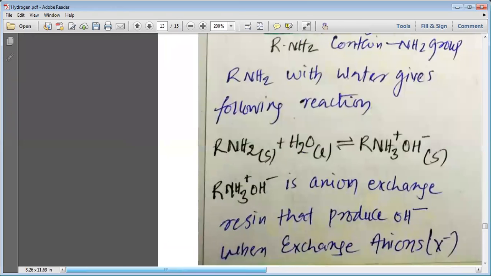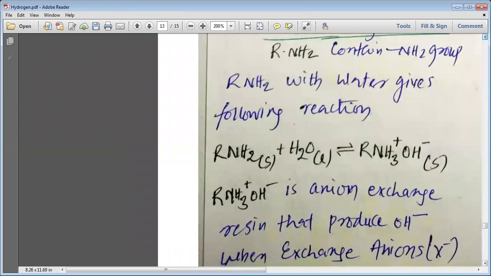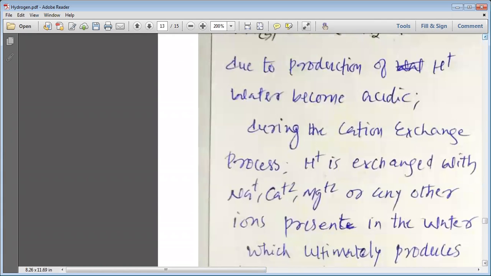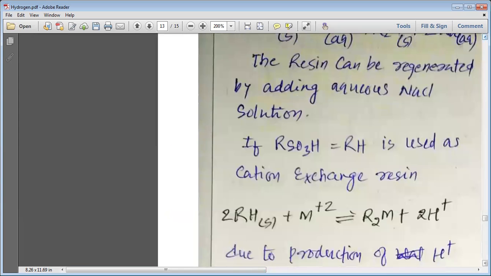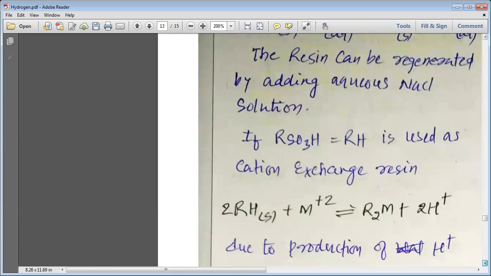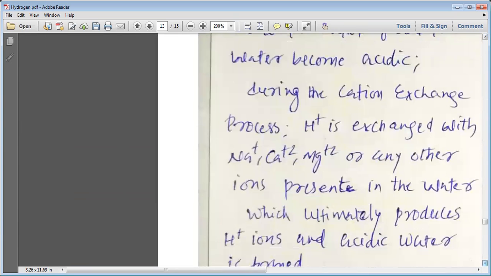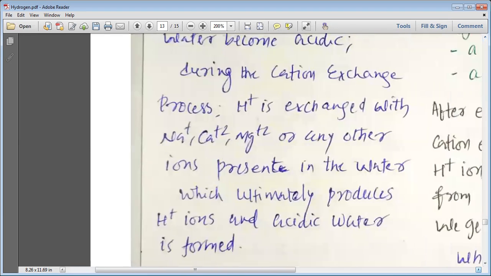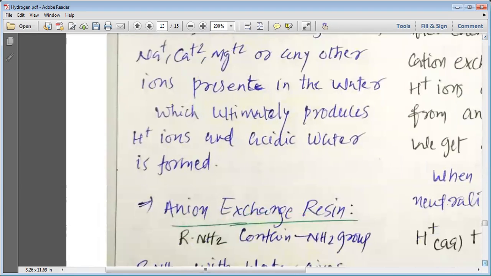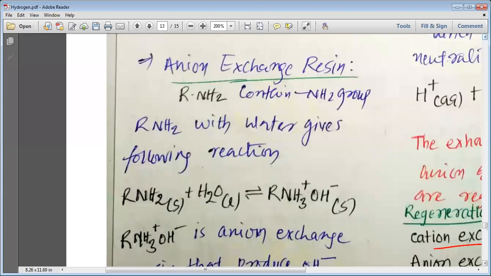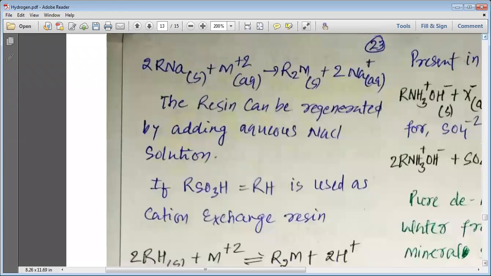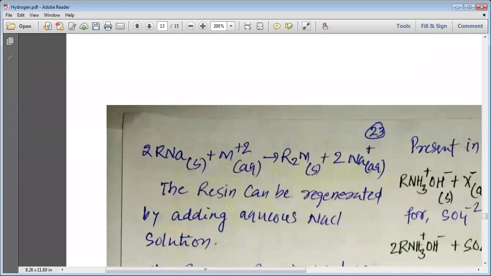Let's move back and understand it. You can see that the cation exchange resins can also be regenerated by allowing them to react with NaCl. That's what we have seen. The resin can be regenerated by adding aqueous NaCl solution.